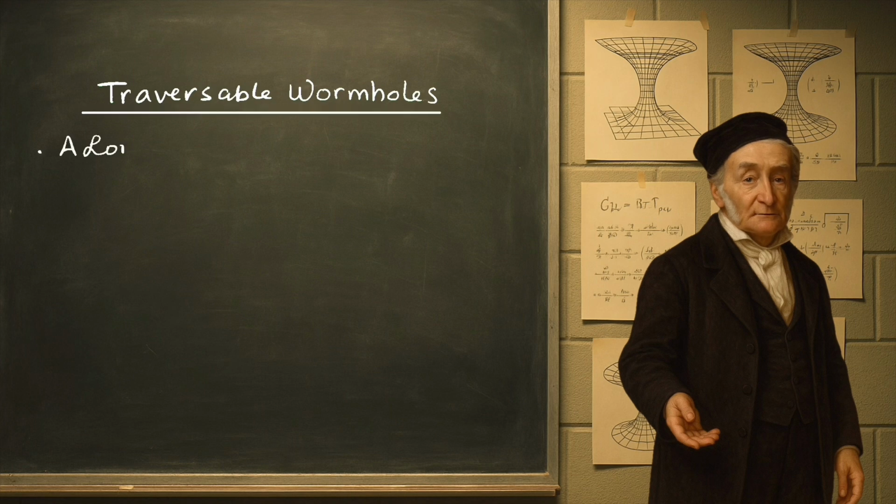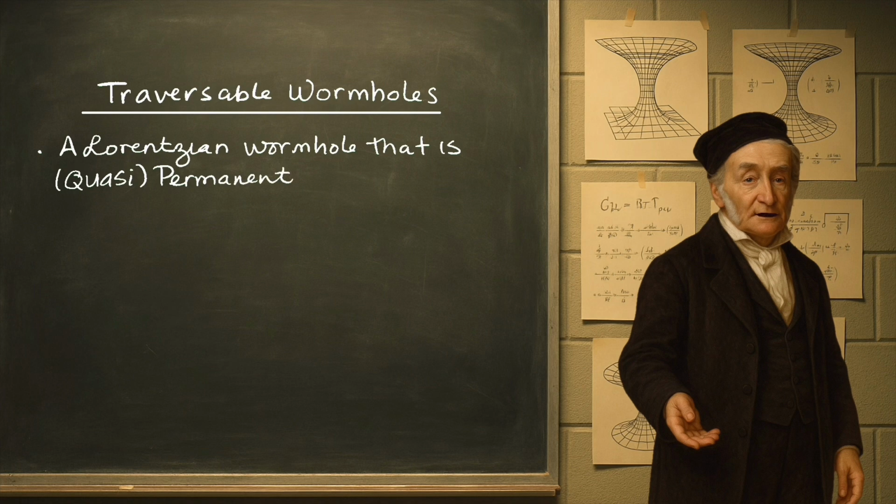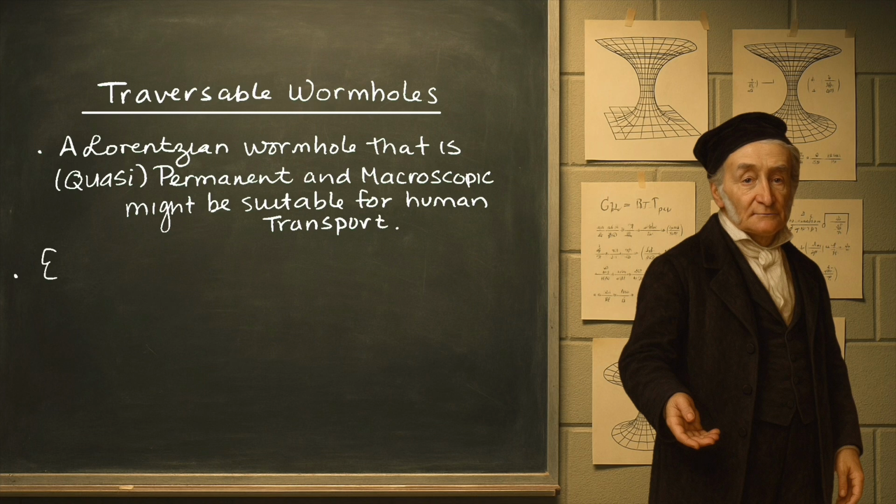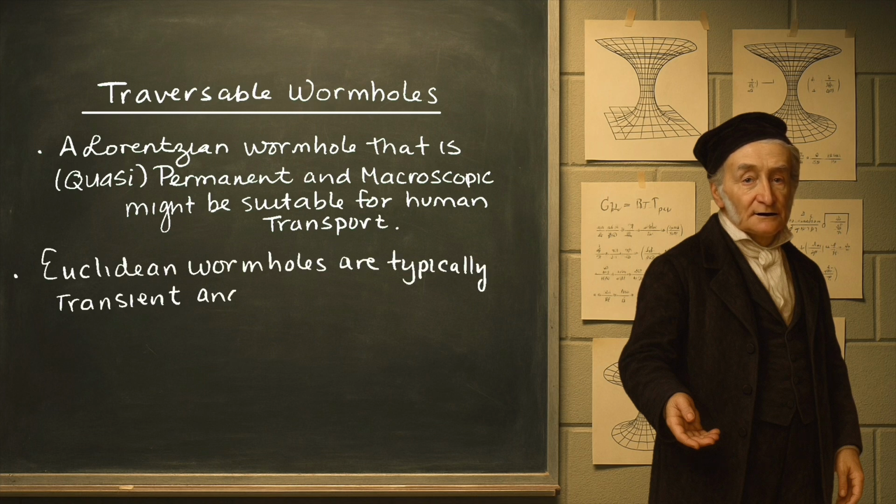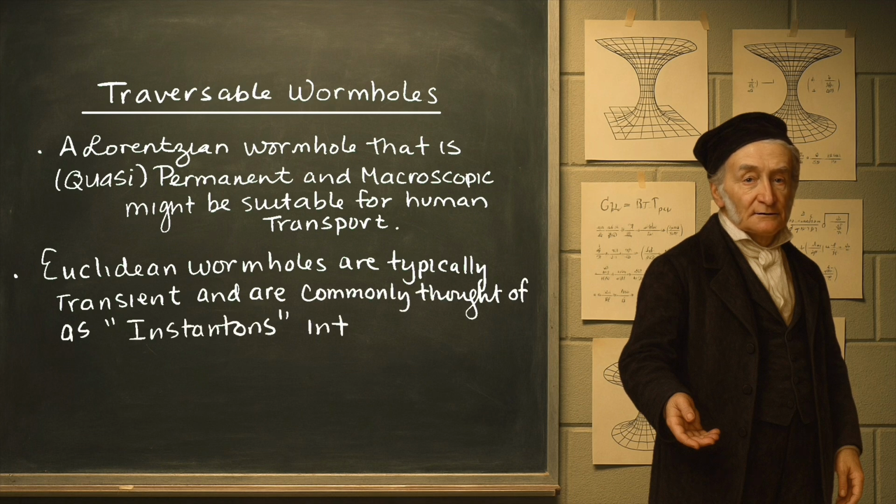Traversable wormholes. A Lorentzian wormhole that is quasi-permanent and macroscopic might be suitable for travel by humans. Euclidean wormholes are typically transient and are commonly thought of as instantons in the gravitational field.